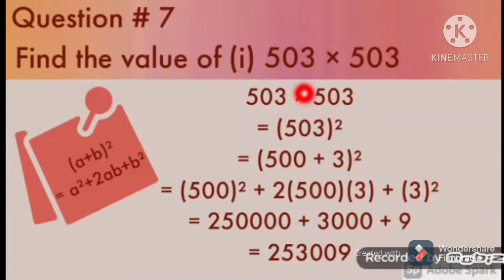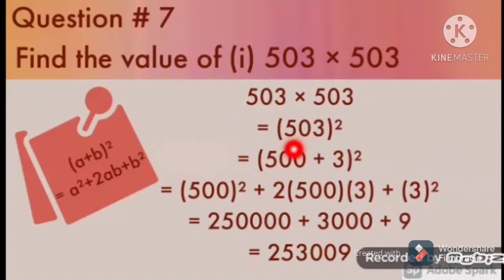To multiply 503 by itself, we will not do simple multiplication. We will find out this multiplication by using identity. 503 by 503 means 503 square, and we will find out this square by using this identity.